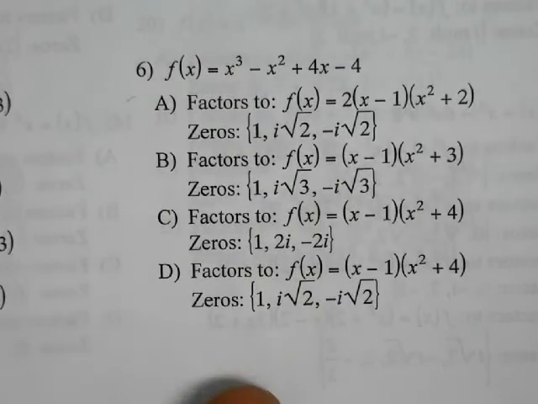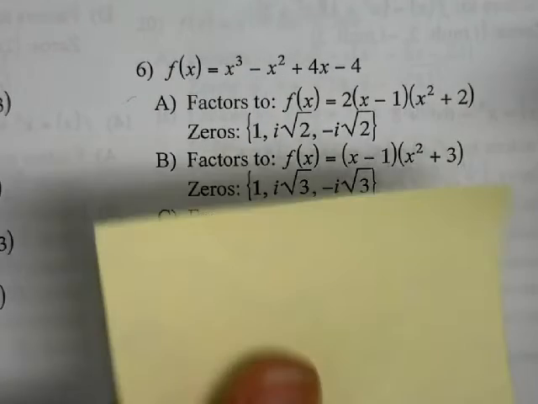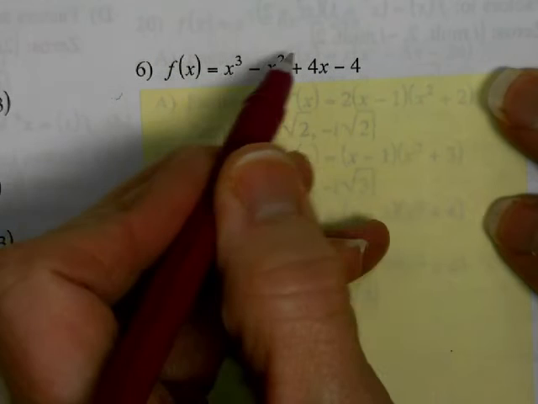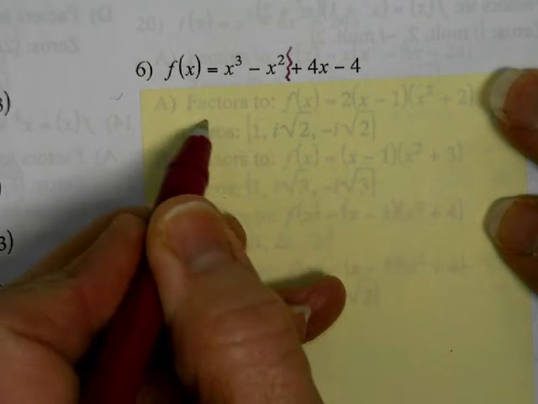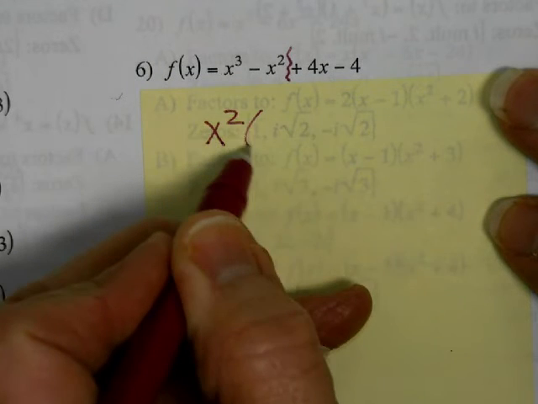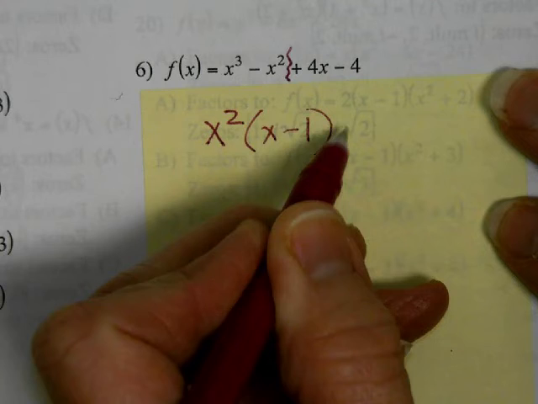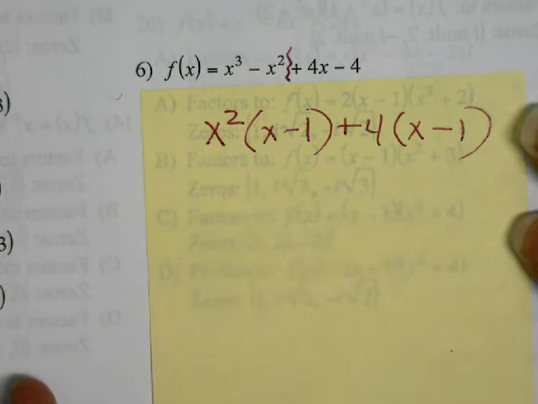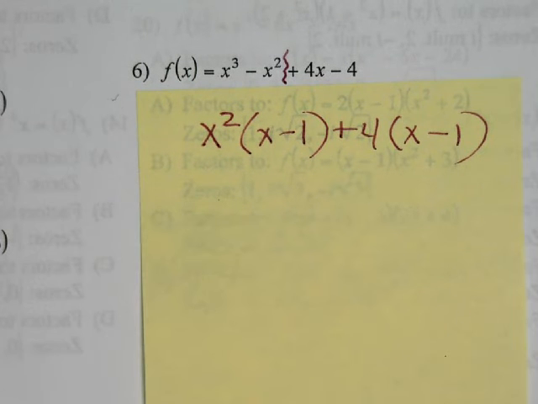Okay, number 6 is different again. 6 has got 4 terms. So we should be able to factor this by using grouping, hopefully. Notice the greatest common factors of each pair of terms.